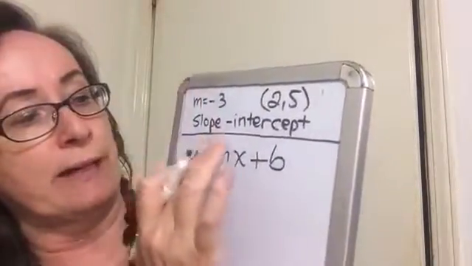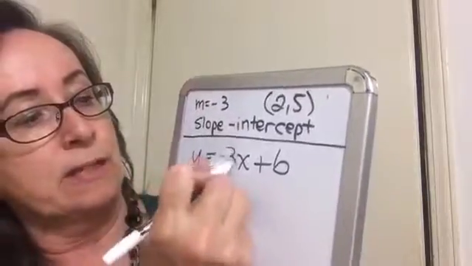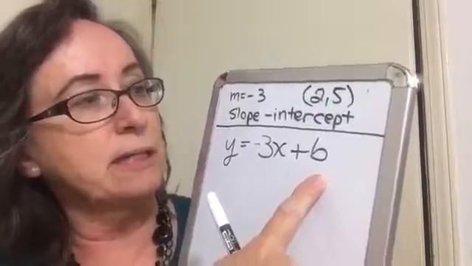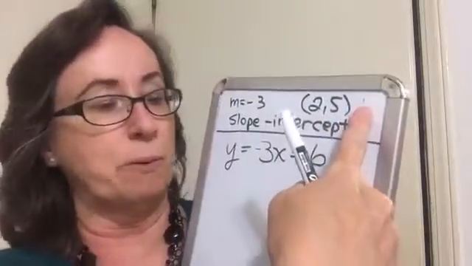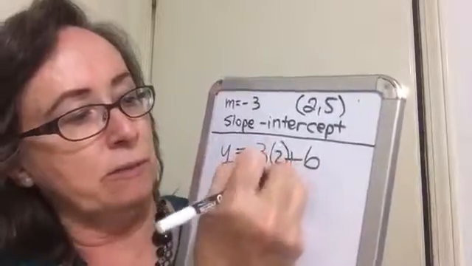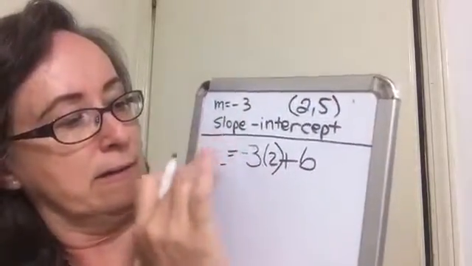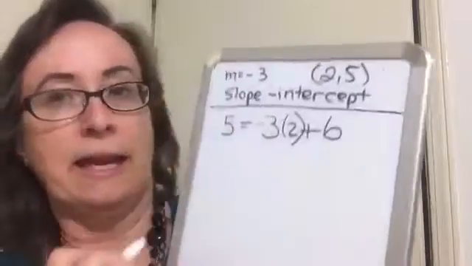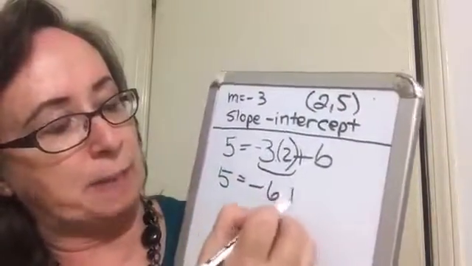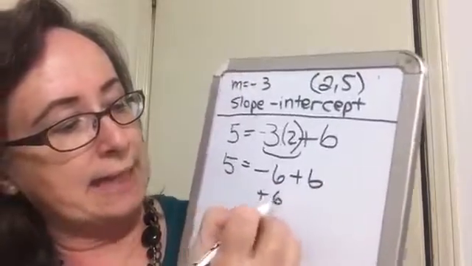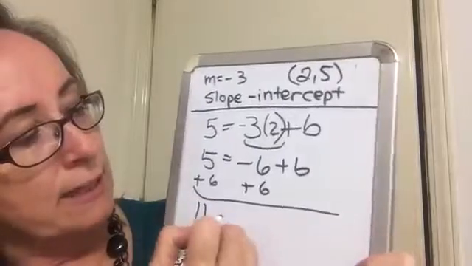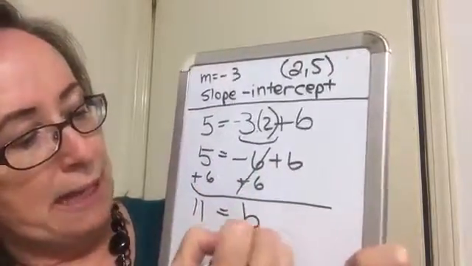My slope is already -3. So the only thing we need to find is my b, my y-intercept. So I'm going to plug in this known point, and I'm going to change my x to be a 2 and my y to be a 5. And now I've got 5 is -6 plus b. Add a 6 to both sides of the equation, and I get 11 is b.